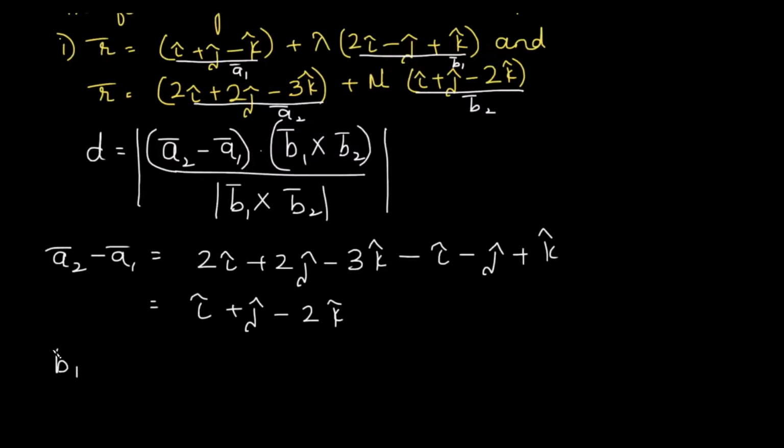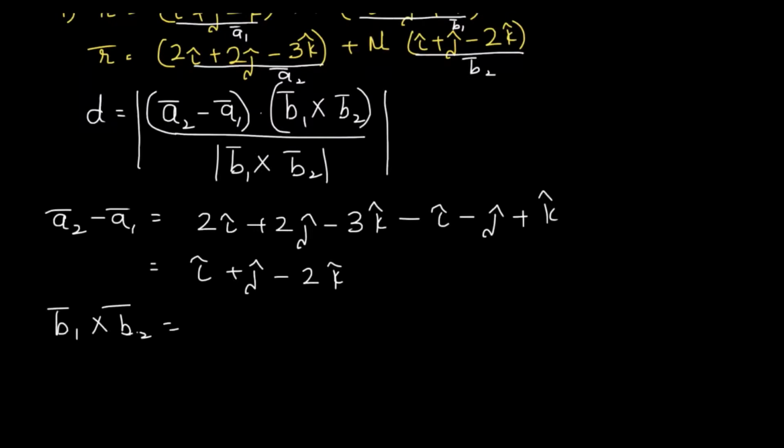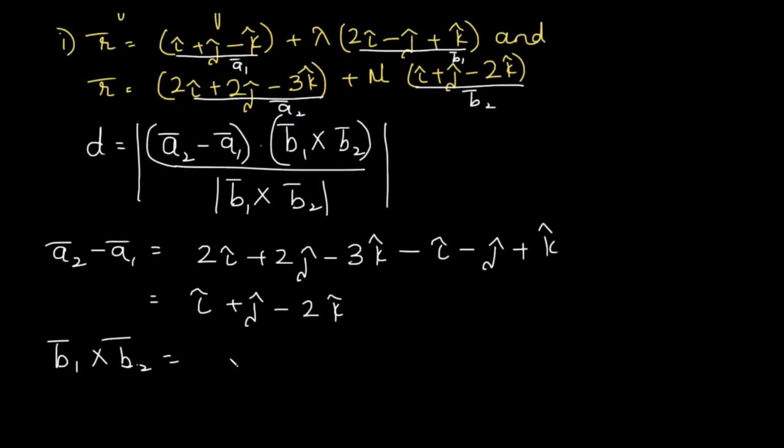Similarly, we also find what is B1 cross B2, by finding determinants. So let us find the determinant of B1 and B2 here. By writing i, j, k, and then in the second row 2, minus 1 and 1, and in the third row 1, 1, minus 2.